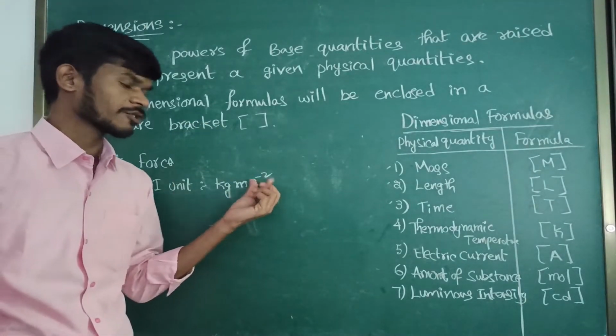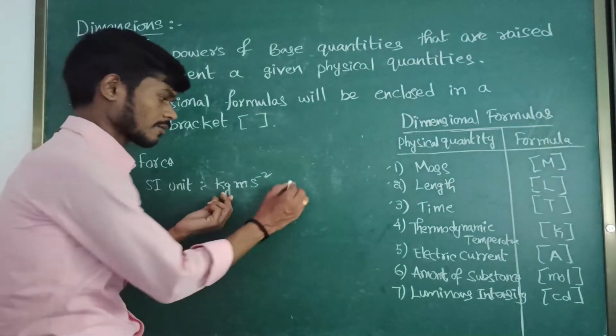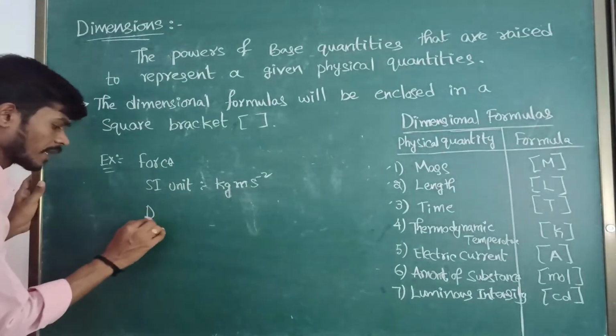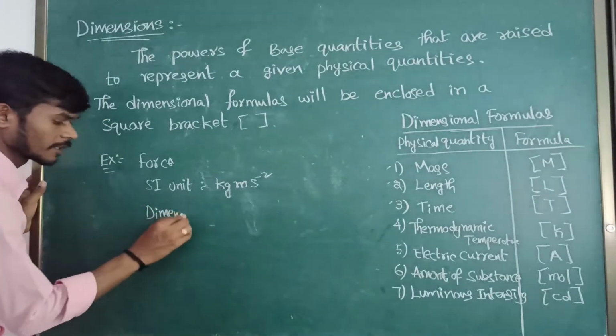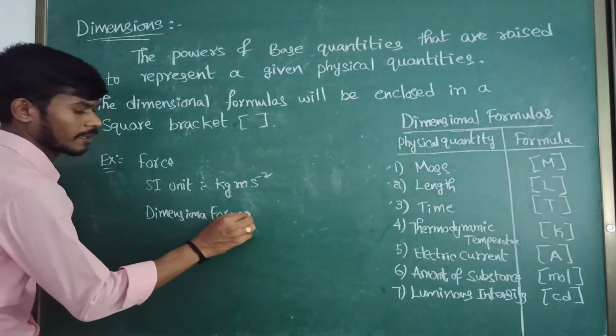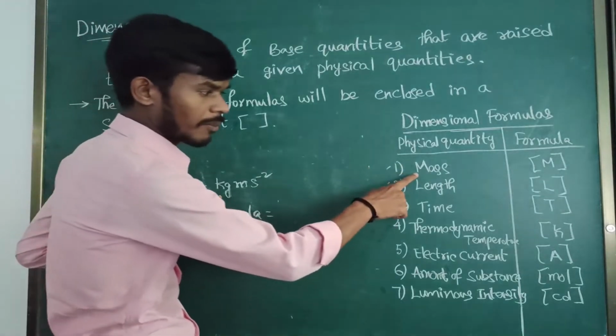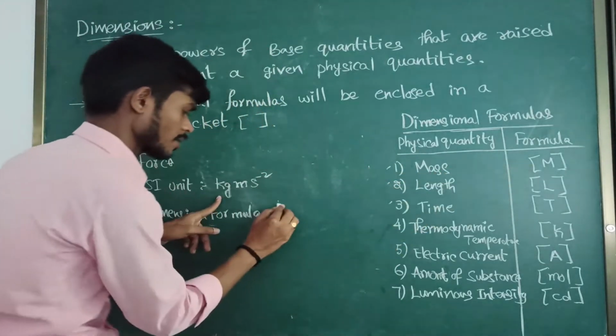Kilogram represents mass. Then the mass dimensional formula is M.